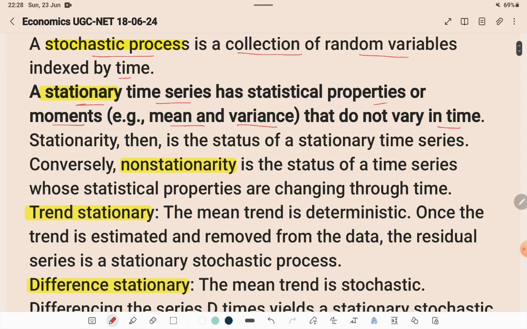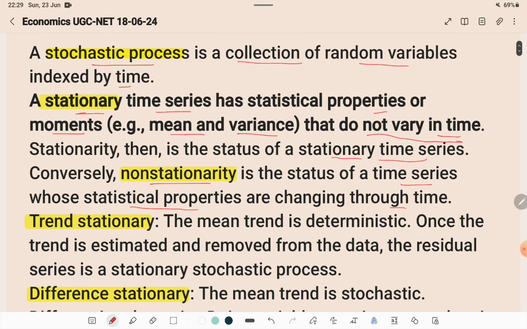So stationarity is the status of a stationary time series. What is the difference between stationarity and non-stationarity? Non-stationarity is the status of a time series whose statistical properties are changing through time, and stationarity is the status of a stationary time series which does not vary in time.